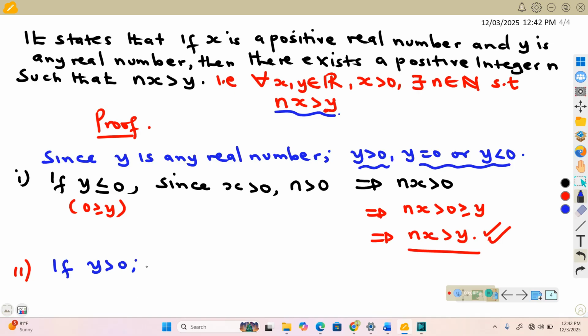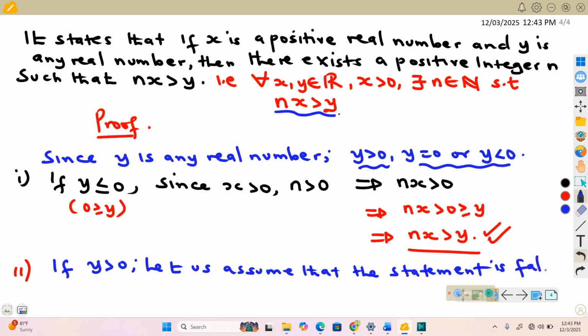If y is greater than 0, I want us to assume that our statement is false. Let us assume that the statement is false. I want us to prove this by contradiction.